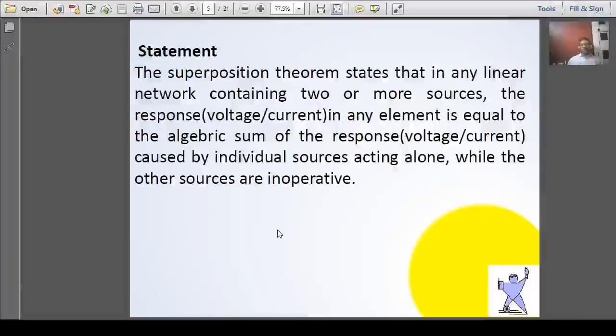It means whenever we apply the superposition theorem for a given network, we calculate the response by considering the one source at a time while the other sources are made inoperative. The process of making other sources inoperative is done by replacing these sources with their internal resistance. In the next slide we'll see what are the internal resistance of these energy sources and how we replace them.